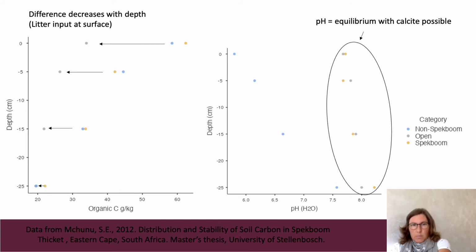The soils underneath the non-Spekboom vegetation in the thicket have a considerably lower pH. This difference is very high in the shallow soils, which suggests that it is a leaf litter effect, and at 30 centimeters depth, the differences tend to even out.